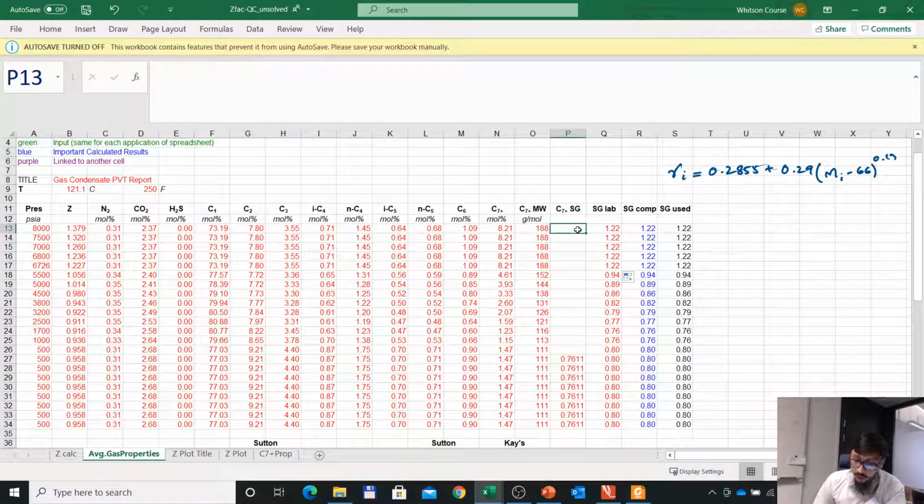And one correlation that we can use is this Soreda correlation that relates the gravity and the molecular weight.